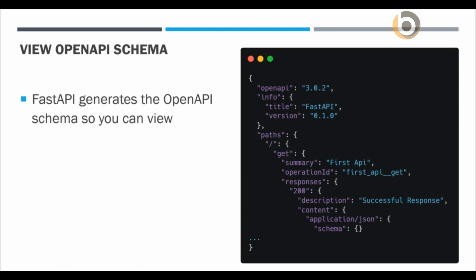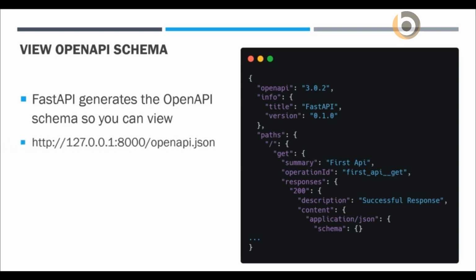Within the paths, we only have one API, which can be seen as an empty string and a GET request method. The summary is FirstAPI, which we named the function this, with an operation ID of FirstAPI, and attached at the end is the request method, which is get. We can also see the status code within the response is a 200 with a description attached as a successful response.